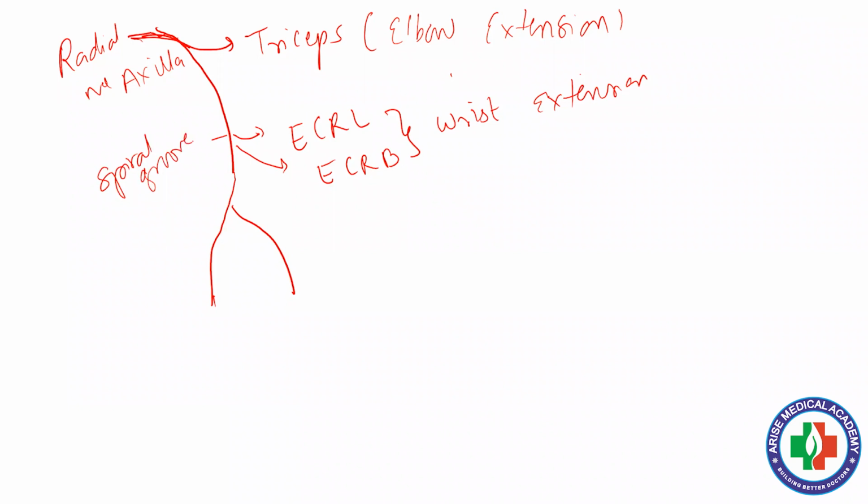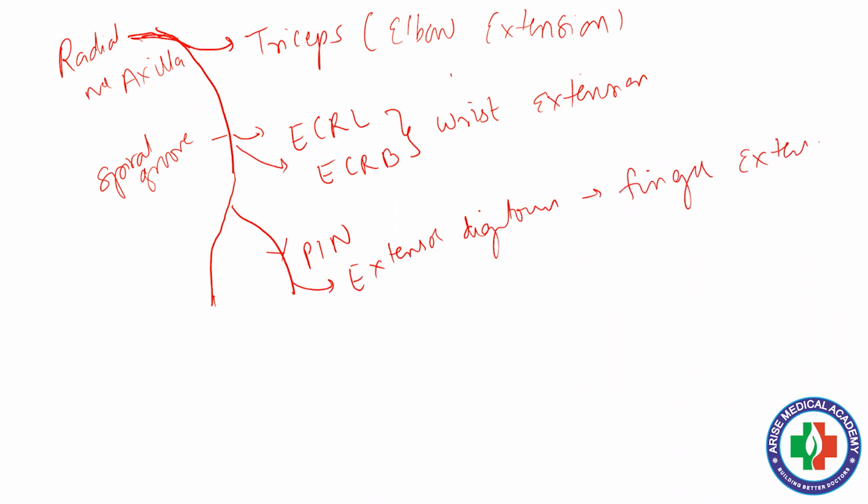Then after that, the posterior interosseous nerve supplies the extensor digitorum, and this extensor digitorum is responsible for finger extension. Just concentrate, guys, and understand what is happening.